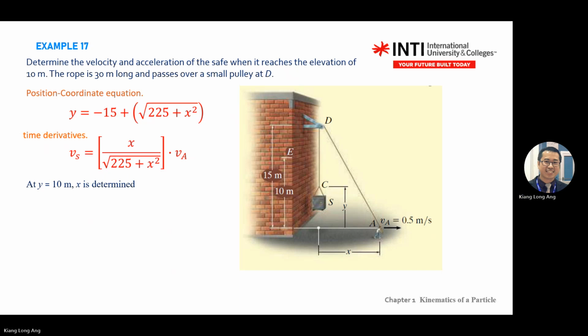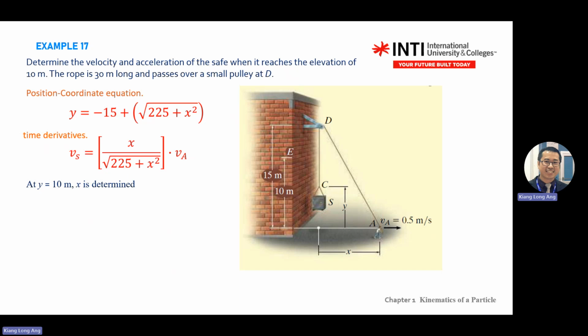It asks for the position when it reaches a certain y, 10. So when y is at 10, what is your x? Here, y is 10. Where is your x? Square root it. Press the calculator, you get two roots, one positive, one negative. You need to decide which number.